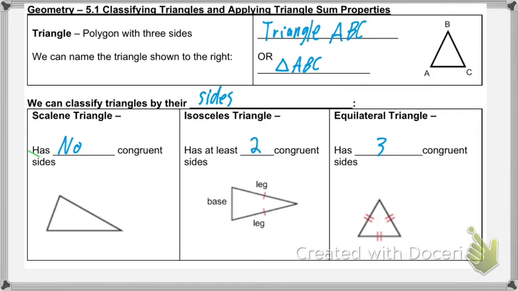Now, equilateral, if we look at this first part, what does that look like? Equal. Lateral means side. You might know in football, for example, a lateral pass is a pass to the side. Or lateral jumps, you're jumping to the side. Anytime you're talking about lateral, we're talking about sides.